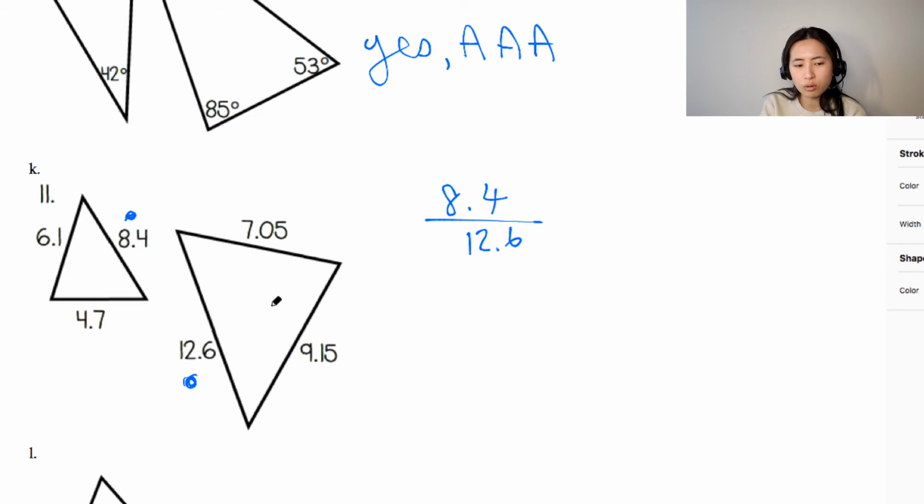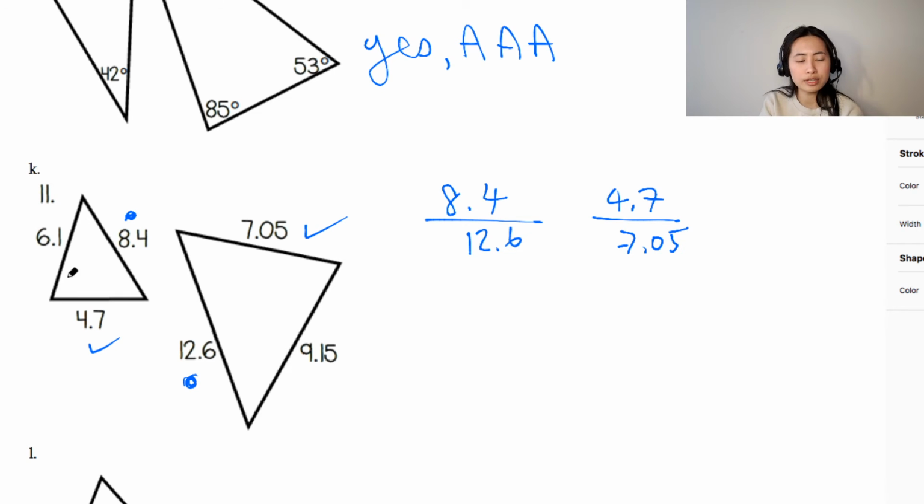Okay, so the next ratio that you need to set up is looking at the shortest one. So the shortest one would be 4.7, right? And if you're comparing 7.05 and 9.15 in the larger triangle, you know that the shortest side would be 7.05, right? So therefore, you need to compare 4.7 over 7.05.